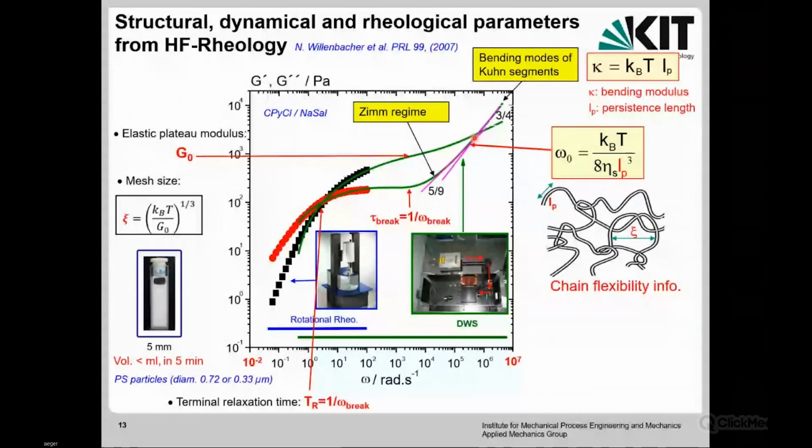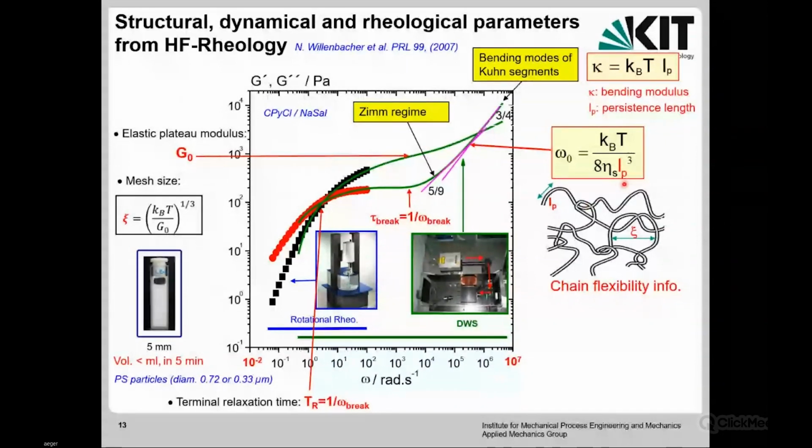This exponent 3/4 corresponds to internal bending modes of individual Kuhn segments. From the crossover between this 5/9 slope and this 3/4 slope, using this relation, we can determine the persistence length of the system. So LP gives you information about the chain flexibility.